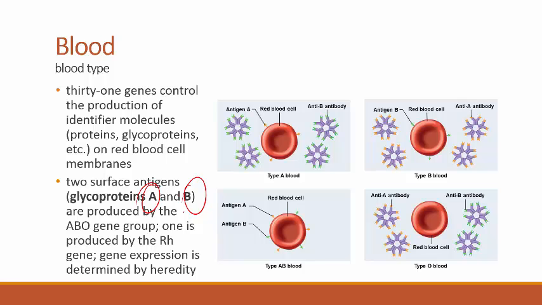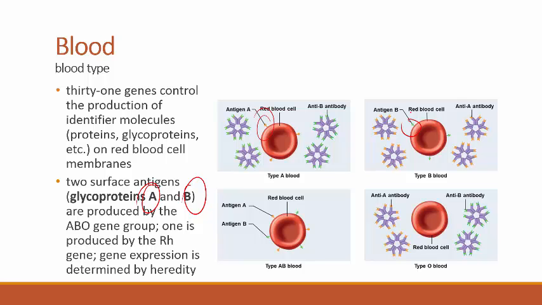Which surface protein is found on the surface of the cell is a matter of heredity. If a person is type A, they would have A antigens coming off the surface of the cell. If a person is type B, they would have the B antigen.